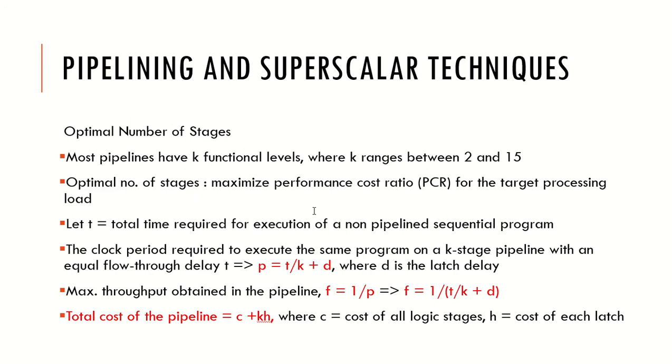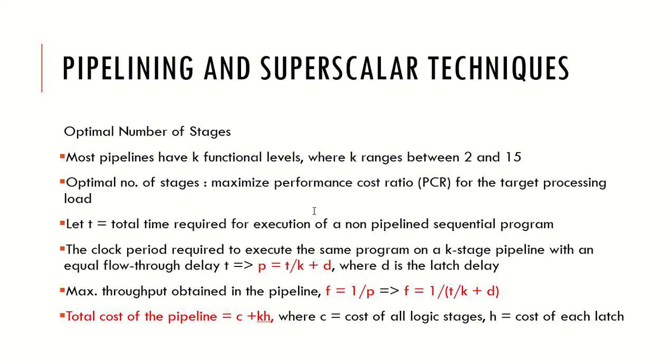Say T is the total time for execution in the case of a non-pipelined sequential program. When you take a k-stage pipeline to execute the same program, you expect a clock period of P equal to T divided by k plus d, where d is the latch delay. So P is equal to T by k plus d, that is the expression for clock period.